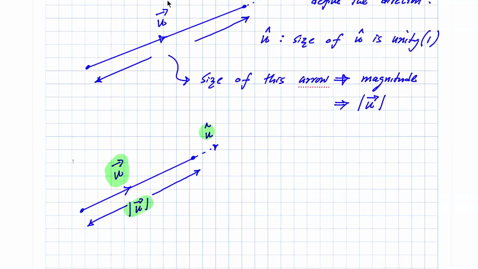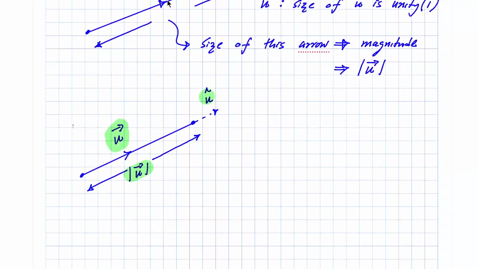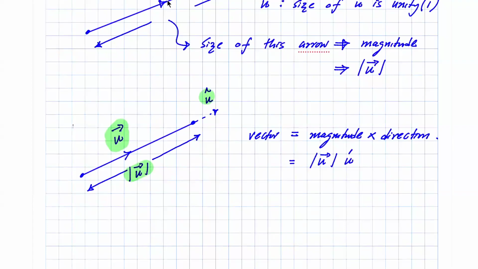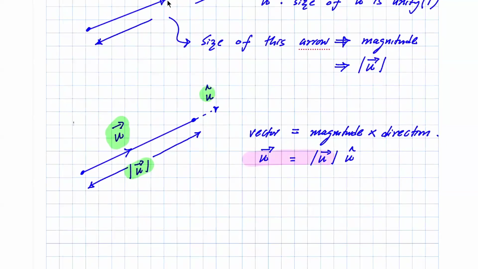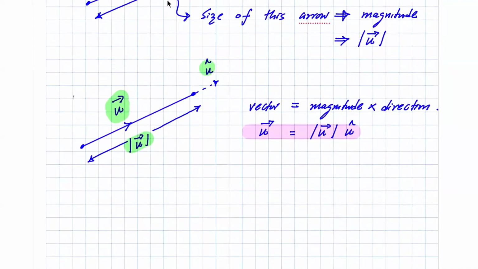Based on this logic, you can say a vector can be written as magnitude times direction. The magnitude is going to be u vector mod and the direction is going to be u hat. So the vector u is constructed logically. This is called the definition of a vector.